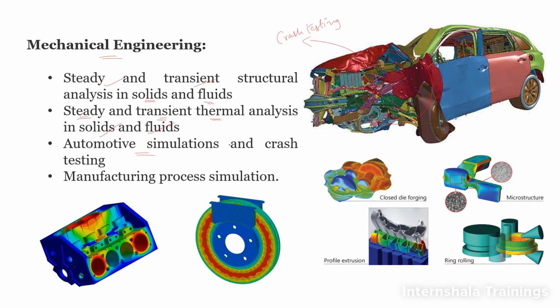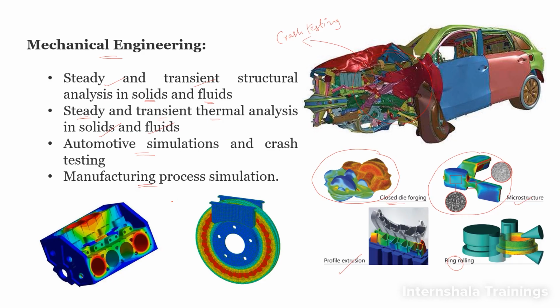In addition to that, for different types of manufacturing processes also, we use FEM and simulate those processes and try to understand how the finished product will be produced. For example, here is an example of closed die forging, here is a process of extrusion, and here is a process of ring rolling, and we try to understand the microstructure as well.